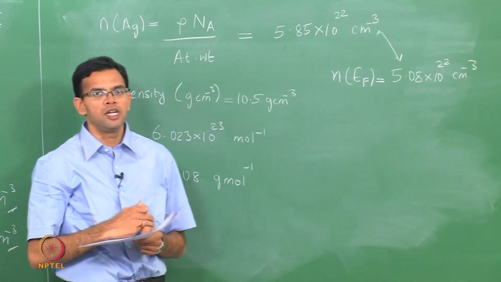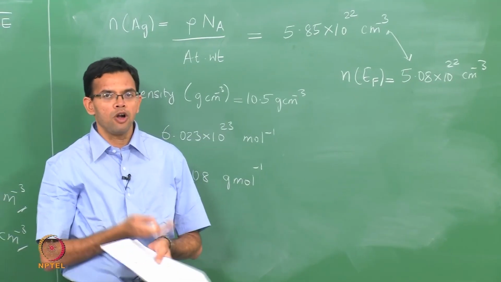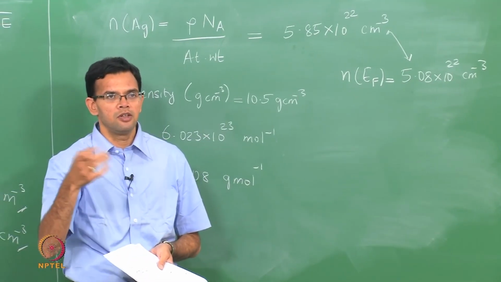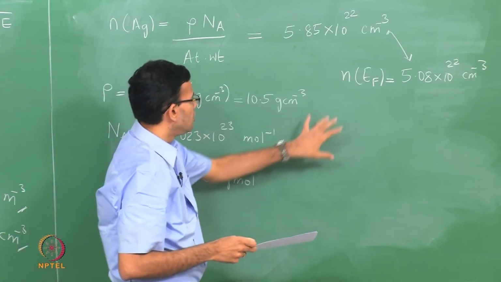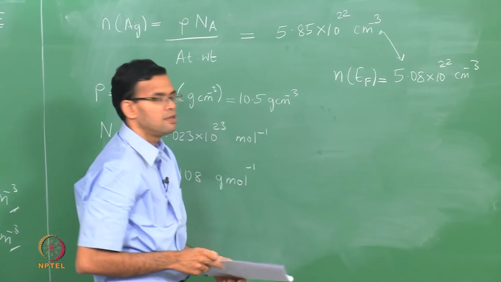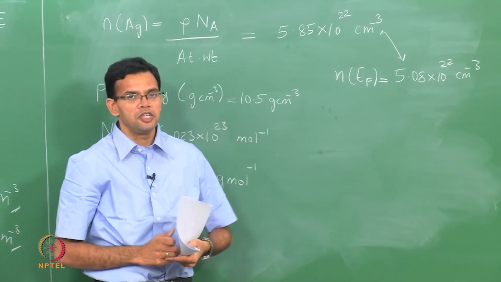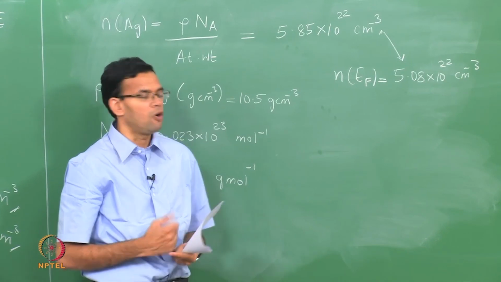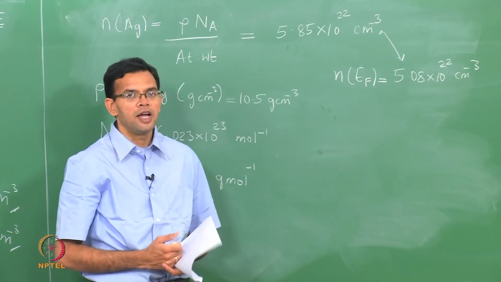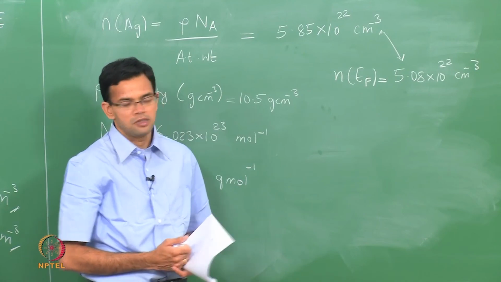So, you have a whole bunch of filled states from the bottom of the band up to EF, and all the states above it are empty. These calculations are done at temperature equal to 0 Kelvin. So, we do not take into account the probability of occupation. In order to do that, we need to look at the Fermi function.